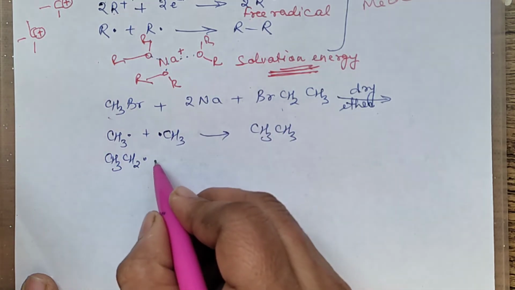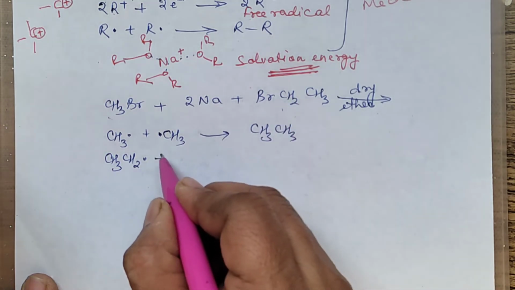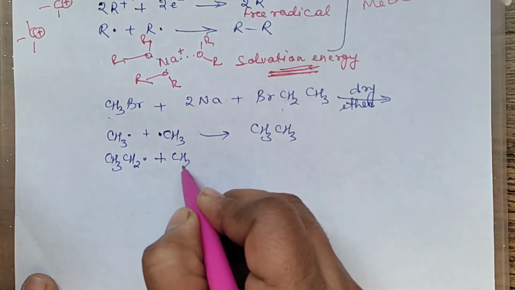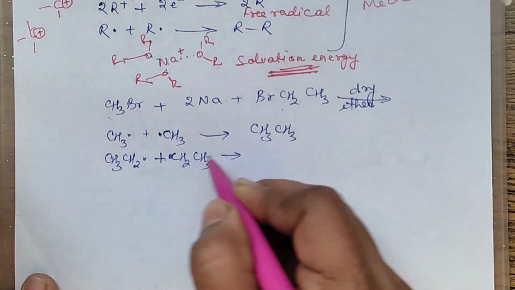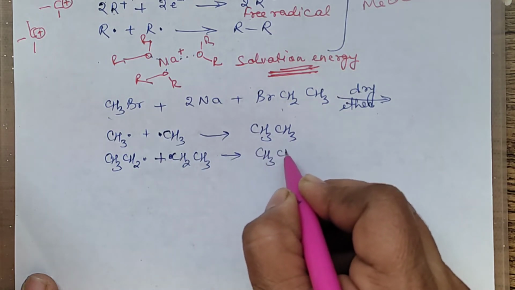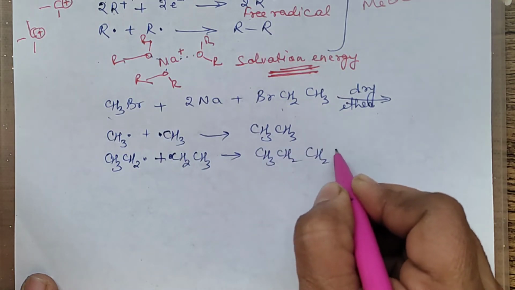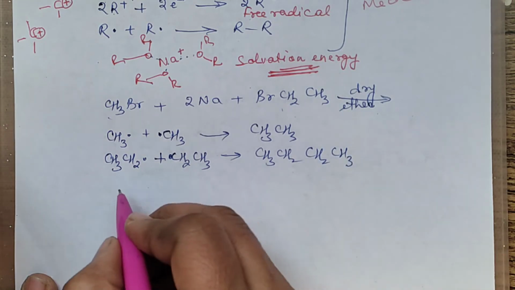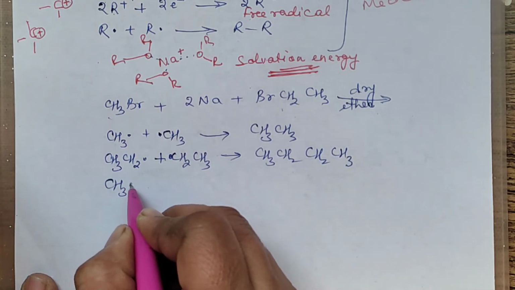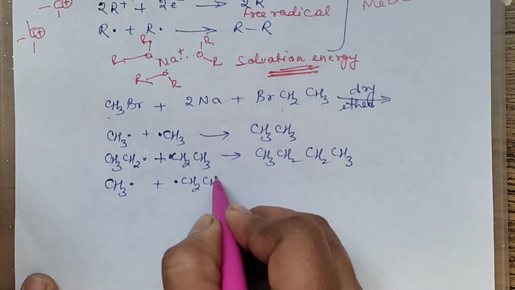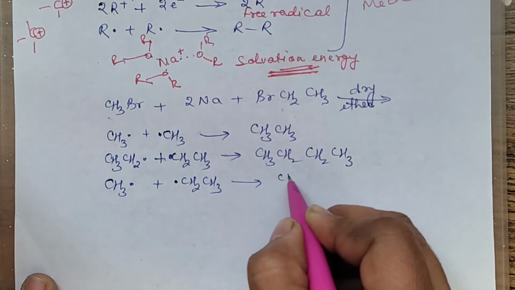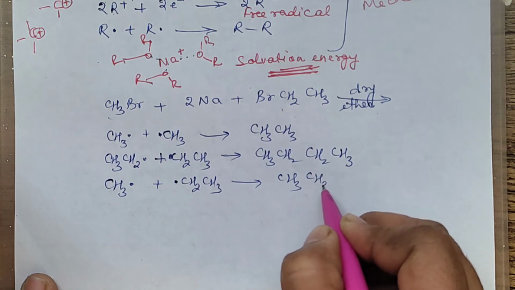Or another possibility is this ethyl may combine with another such ethyl, and it may result in the formation of butane. Or they may combine with each other, that is methyl may combine with ethyl. So in that case it will form propane.